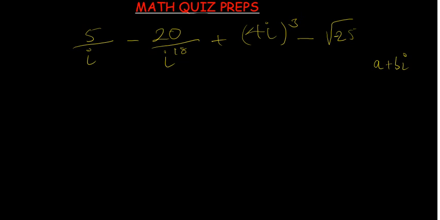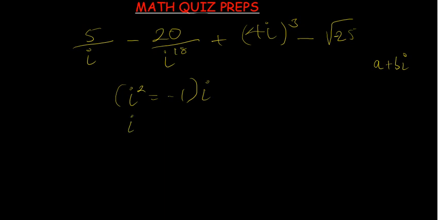Now the first thing, of course, we know I to the power 2. What is I to the power 2? Negative 1. Okay. Now this portion which we have here, if we multiply everything by an I, this will be I to the power 2 multiplied by I. What are we going to get?